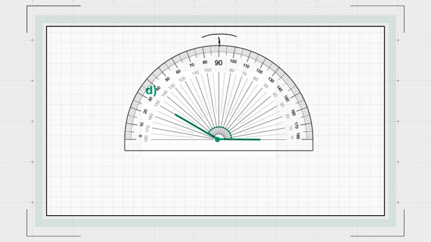Because it's gone past 90, it's an obtuse angle, and for an obtuse angle we have to use, for measuring from this particular spot, the inside numbers, and it's going to be 150 degrees. So D: 150 degrees, and it is obtuse.